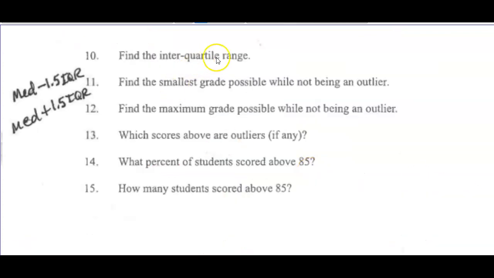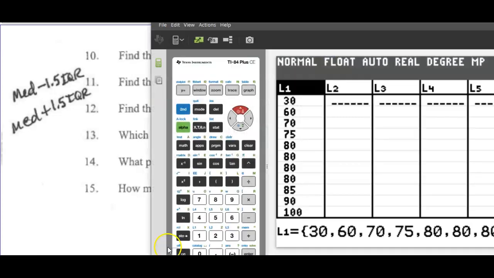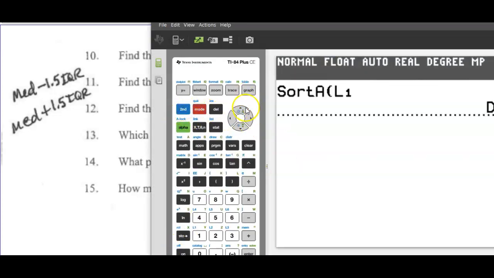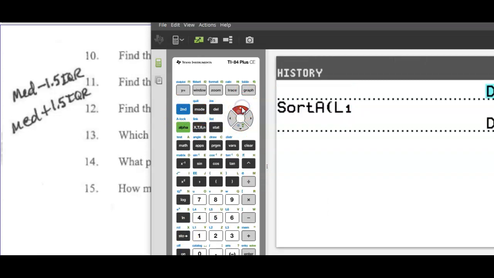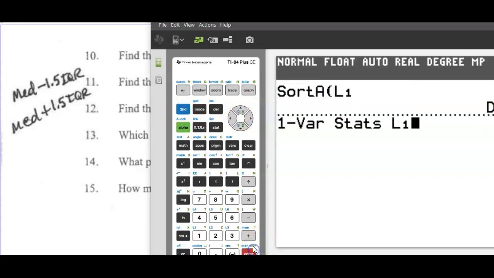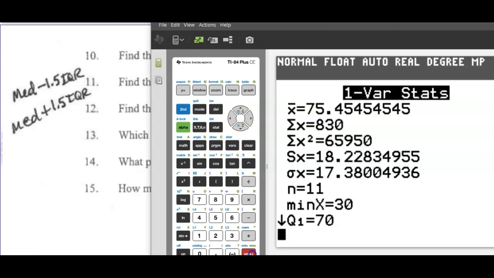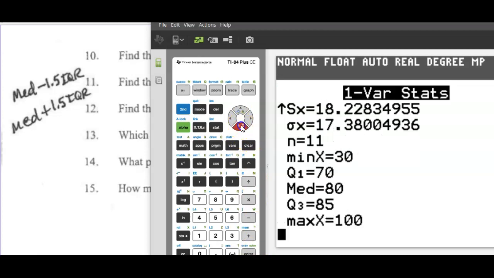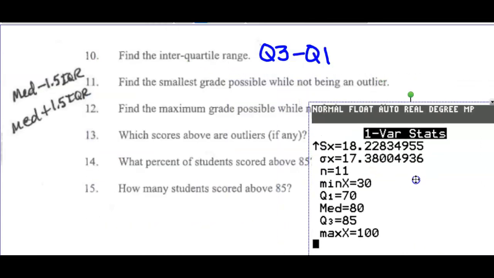All right. The interquartile range is the difference between Q3 and Q1. So let me one more time put this on the screen for us.